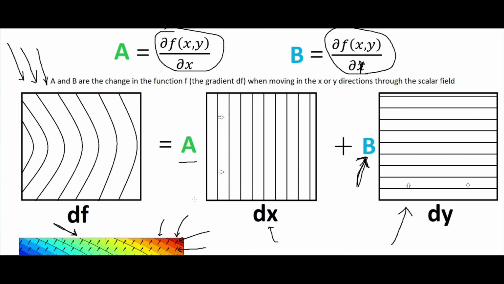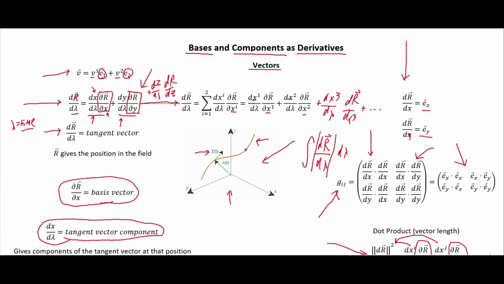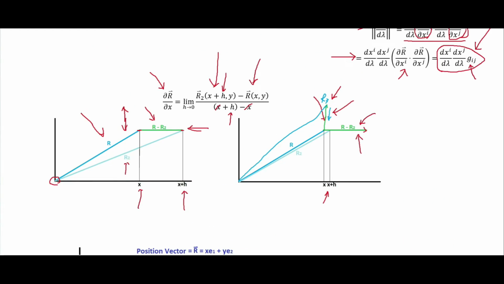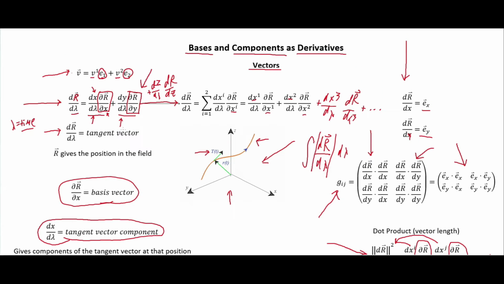So the main idea here is just that we can in fact represent vectors and covectors as derivatives. And so once again, the way that we represent the vectors is like this up here. It's a little bit messy looking now, but it's this dr d lambda, where lambda is some parameterization, oftentimes thought about as time, is equal to a linear combination of the chain rule here.